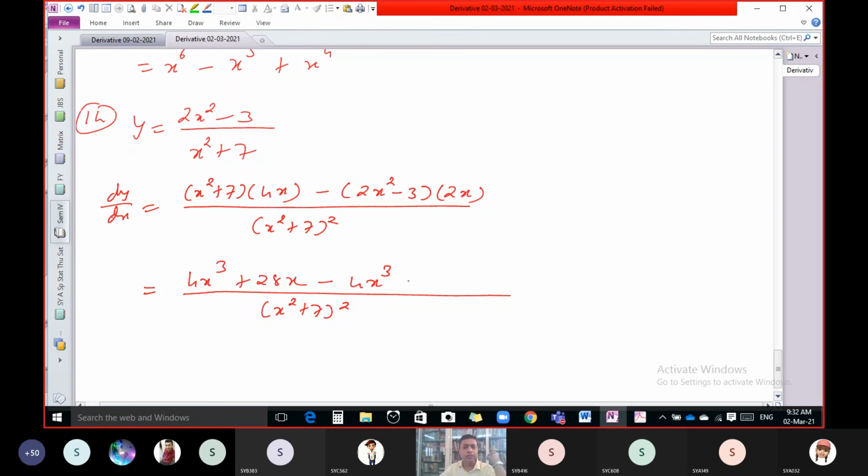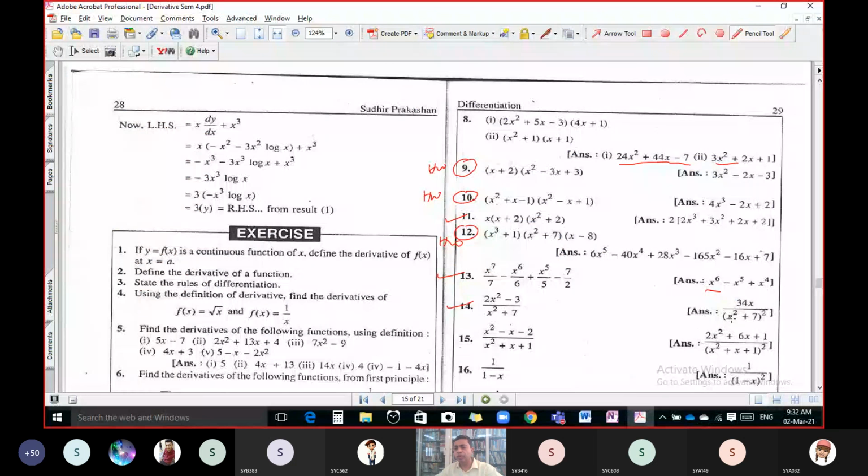Okay, now this 2x cube cancel. So what is my final answer? 28x plus 6x, 34x upon x square plus 7 the whole square. This is the final answer, 34x upon x square plus 7 the whole square.